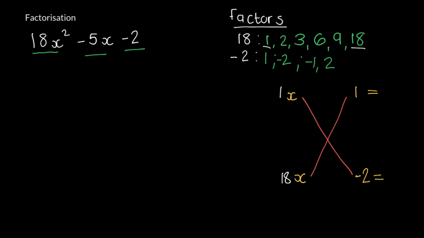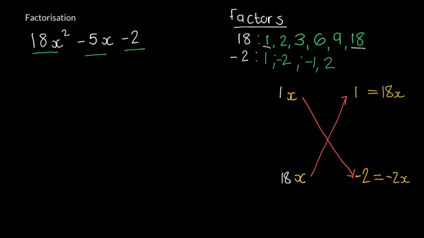Now we want to multiply across. So 1x multiplied by -2 is going to give us -2x, and then 18x multiplied by 1 is going to give us 18x.